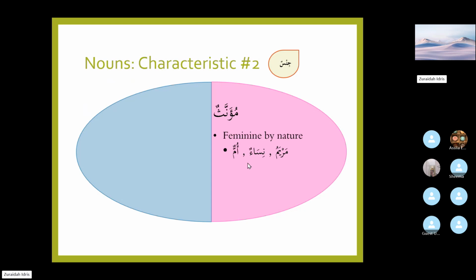The most common feature for a feminine word in Arabic is when it ends in what we call, as I mentioned before, ta marbuta. Now, what is ta marbuta? Ta marbuta is spelled with the root letters ra, ba, and to.